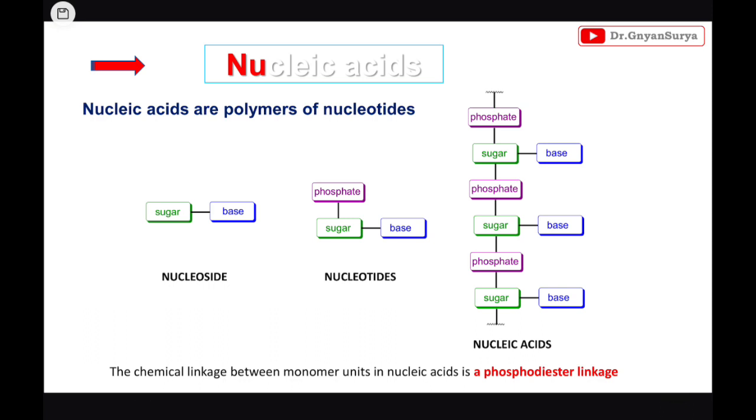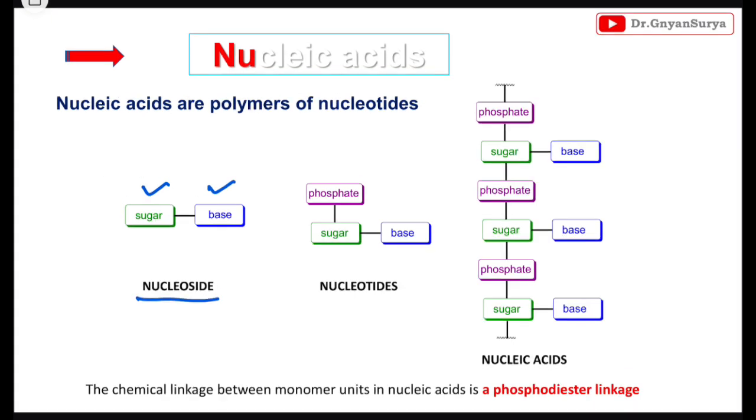So what are nucleosides? It is a basic unit which is composed of sugar and base. The structures of sugars and base we are going to see in this video, but first understand the difference between nucleosides and nucleotide. Sugar and base, that is nucleoside.